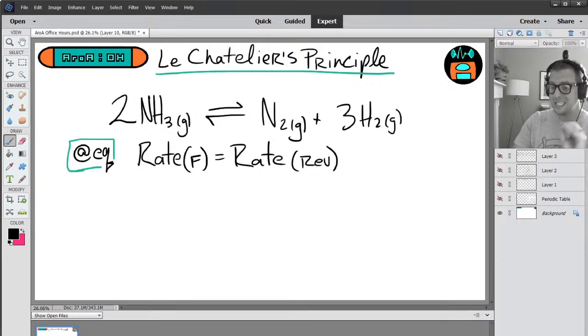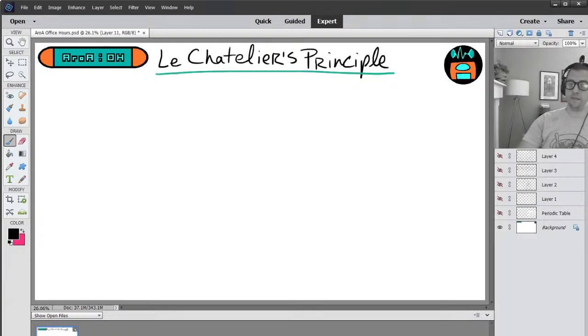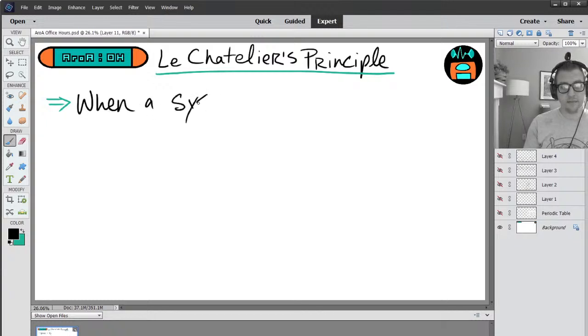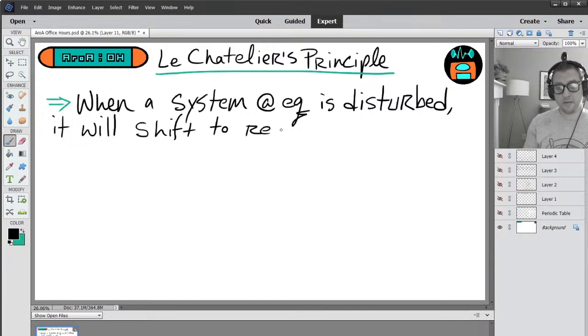Le Chatelier's principle states that when a system at equilibrium is disturbed, it will shift to reestablish equilibrium.